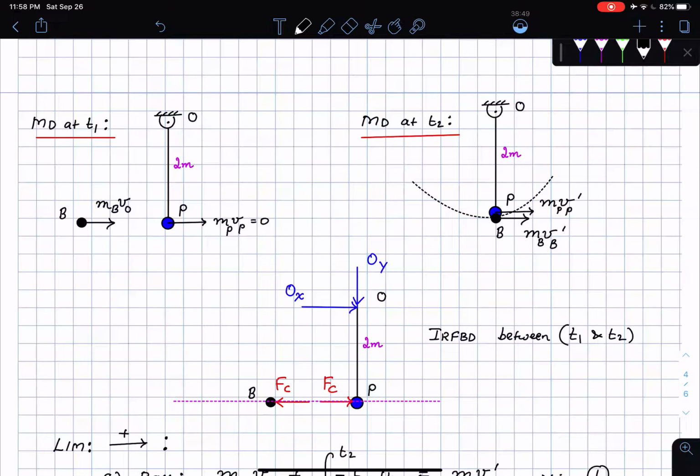My strategy is this. I'm going to choose a point by looking at the impact relevant free body diagram. When I look at it, this point O is a really nice point to choose, right? Because if I do the summation of moments about O, the pin reactions are going to vanish. They're not going to be a part of my angular impulse momentum equation.